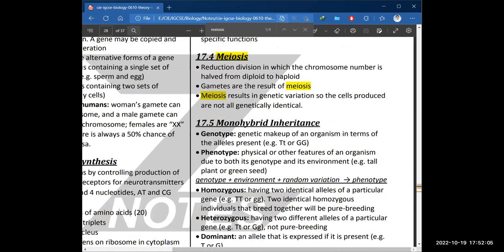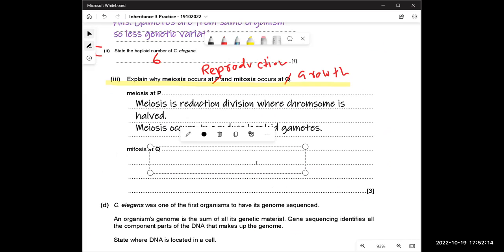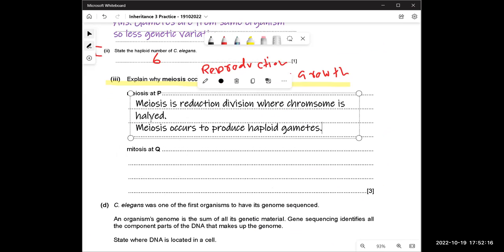Sir, can you show the whiteboard again? Yes. Now, why does mitosis occur at growth? Meiosis is half, and this results in genetic variation.